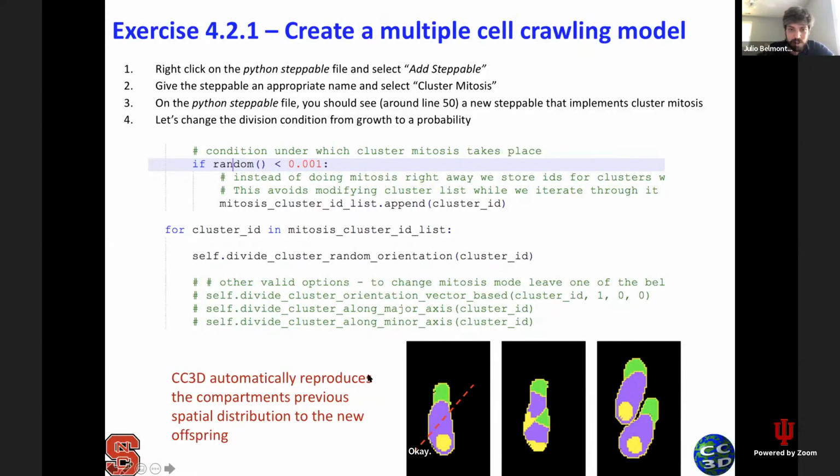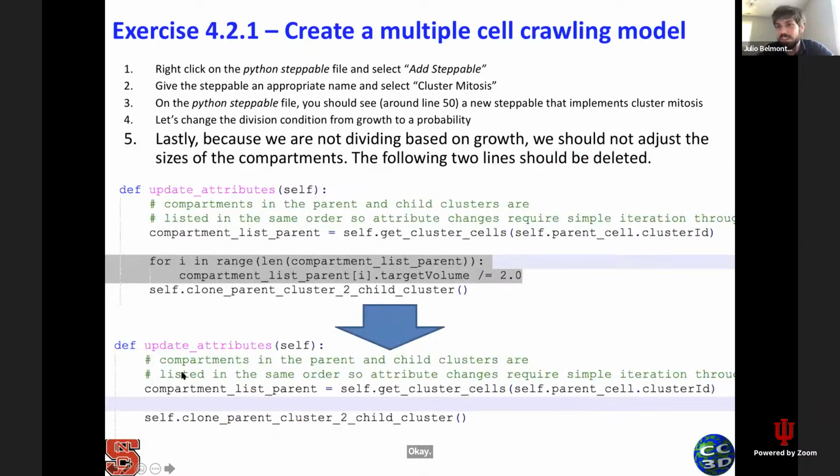So one thing that our code already does for you is that the code is assuming that this is a growth-based division, right? So what it does in the end is go over all the compartments in that cluster and divide its target volume by half. Okay, because we are not really growing the cell, we have to turn that off.